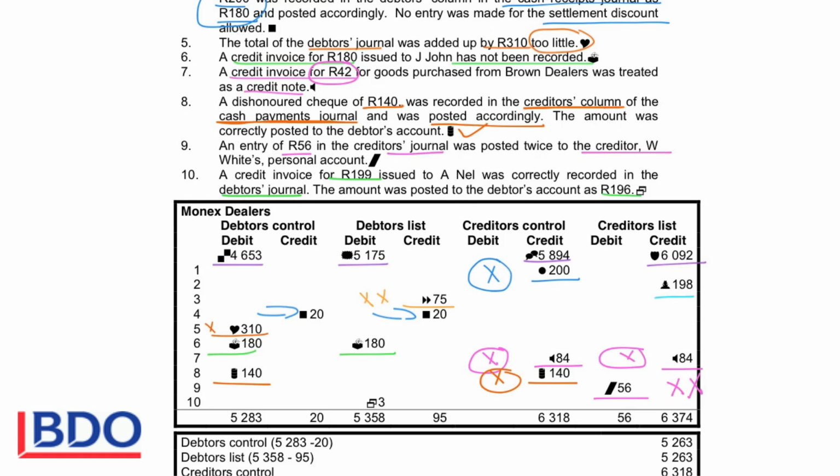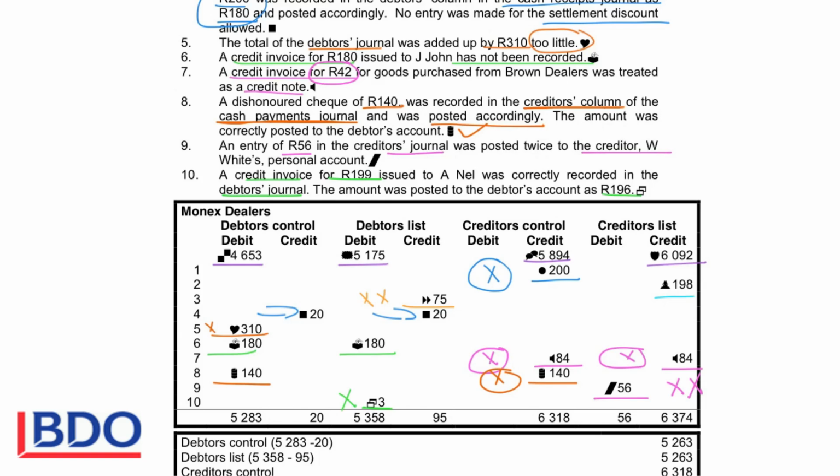A credit invoice in the debtor's journal means that we sold goods to a debtor, so their account was supposed to be debited. Okay, we put the figure on the debit side, but we put the wrong figure on the debit side. So instead of 199, we only showed 196 on the debit side. Therefore, we must add another 3 Rand on the debit side to get the correct figure in the individual account of Nell that was supposed to be there.